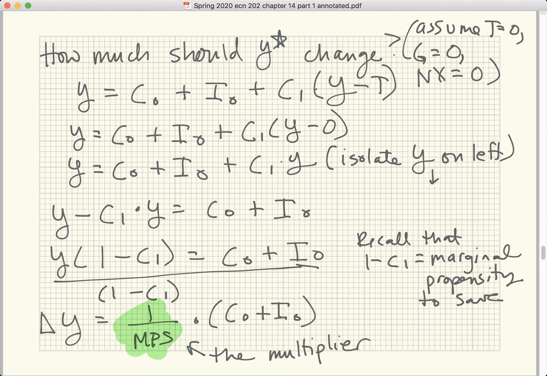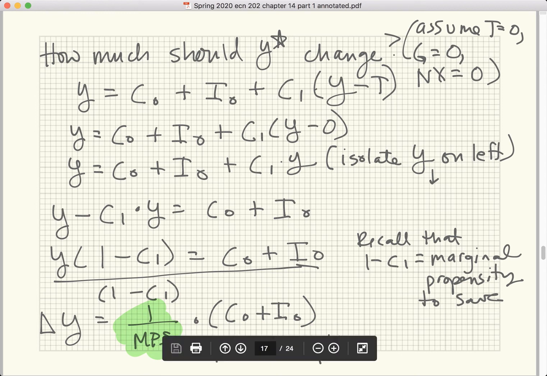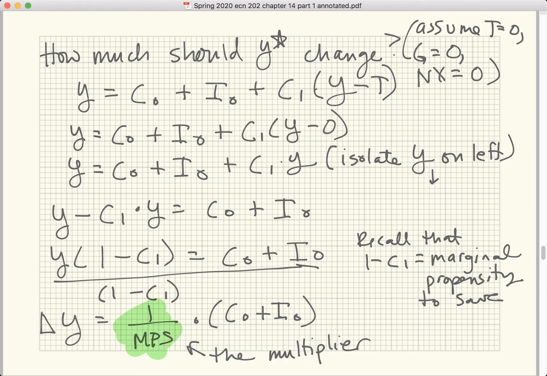So now we want to solve for Y, basically. We want to see how a change in spending is going to affect Y as a whole. So we isolate income, or Y, on one side of this equation. So what we're going to do now is subtract C1 times Y from both sides. I didn't write this step out, but basically that's what brings us to the fourth line of this equation.